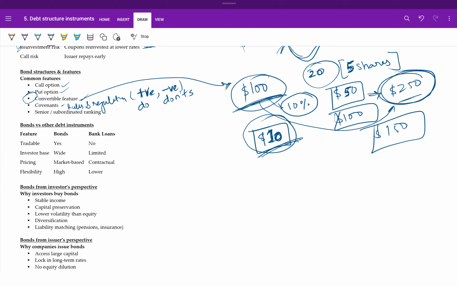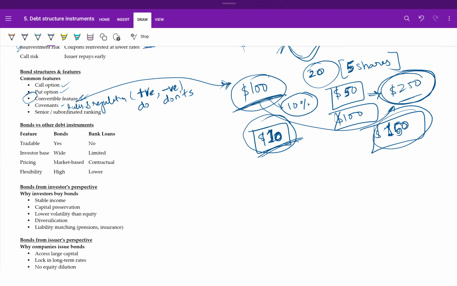So this is the strategy. These convertible features are embedded in bonds when the company is at risk, or at the initial stages when startups raise funding from investors.